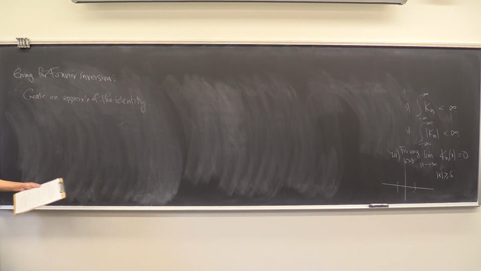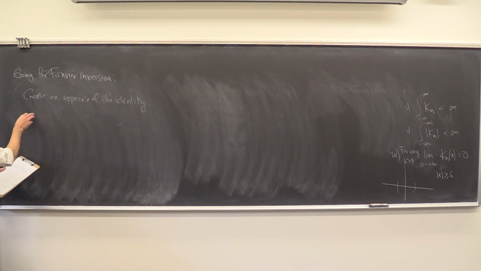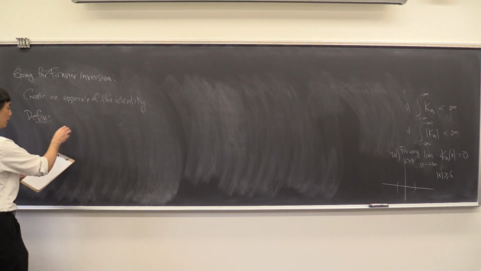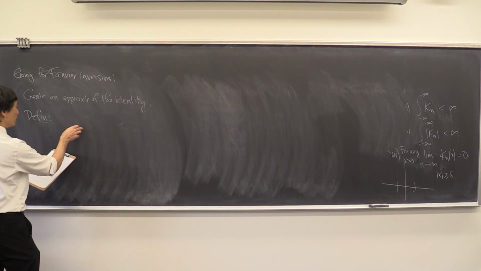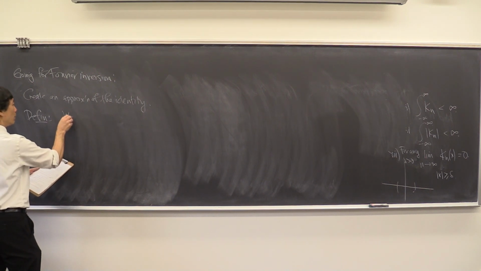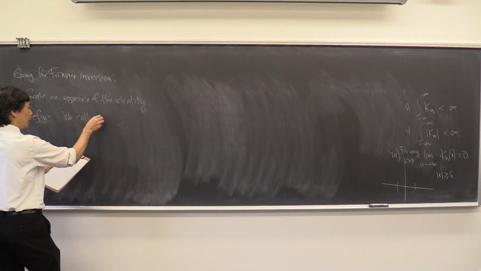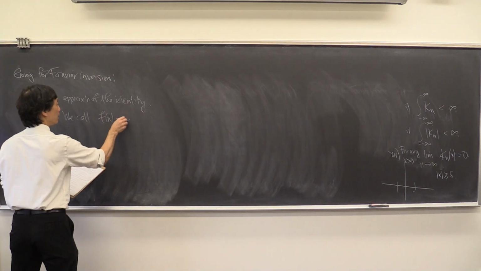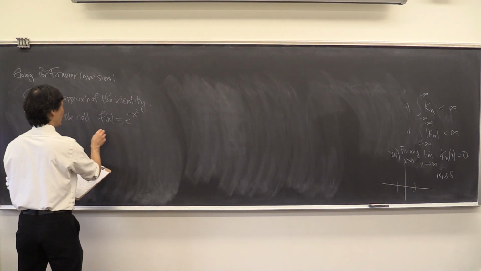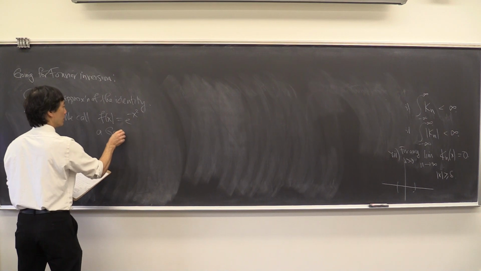Okay, so the thing that's going to be really useful for us is functions of this form. We call f of x equals e to the negative x squared a Gaussian function.